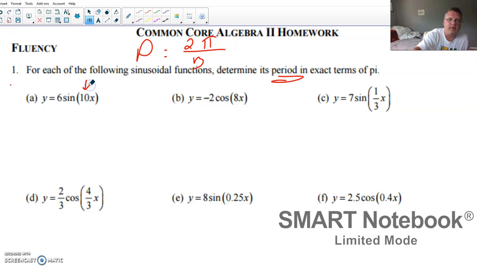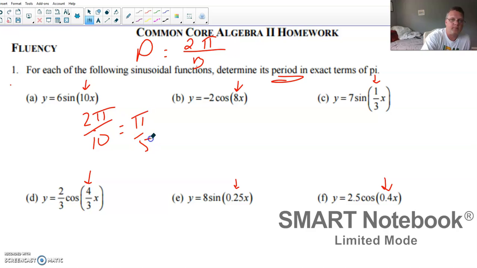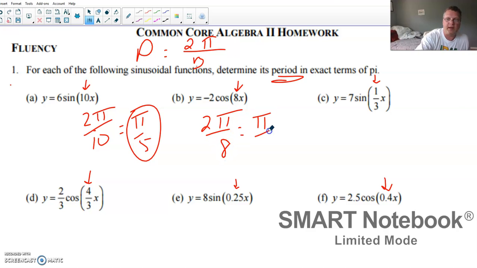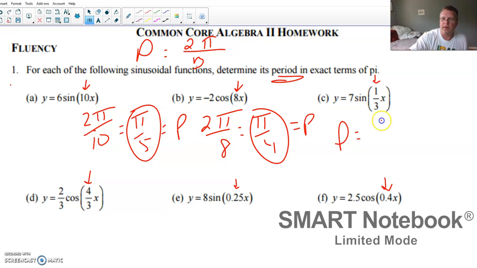B term right there, always in front of the x. So the period is 2 pi over 10, pi over 5. 2 pi over 8, pi over 4. And these are the periods. Period is 2 pi over b.